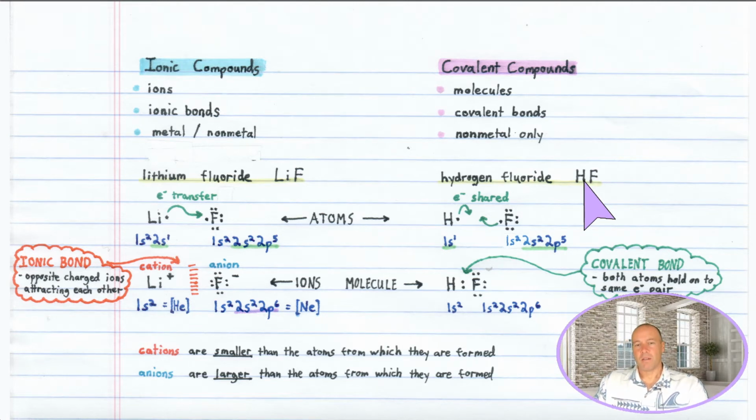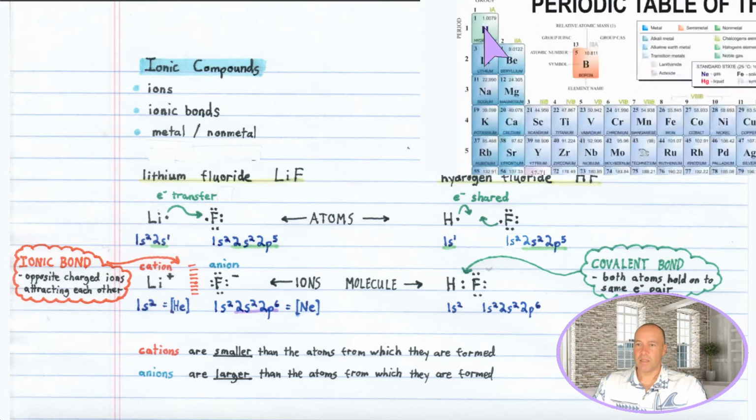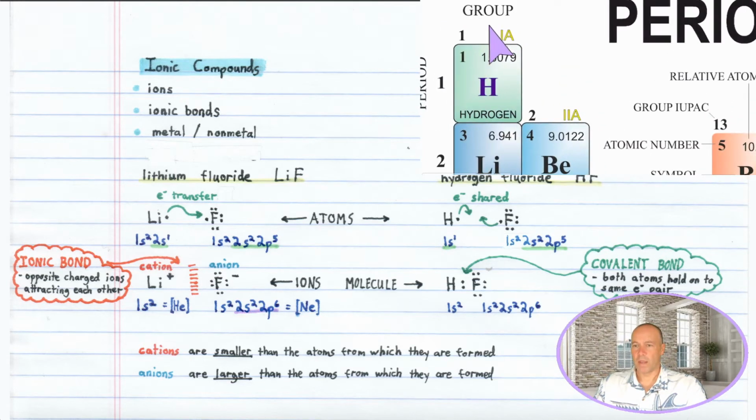We can have a look at the Lewis dot structure of the molecule as follows. To draw that, we write the Lewis dot structures of the atoms, hydrogen and fluorine, separately. So hydrogen gets one dot because its electron configuration is 1s1, but you could also use the periodic table and see that hydrogen, being in group 1A, would have one valence electron.